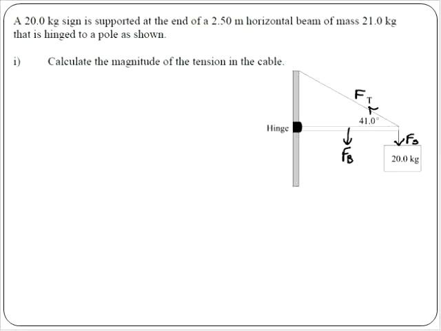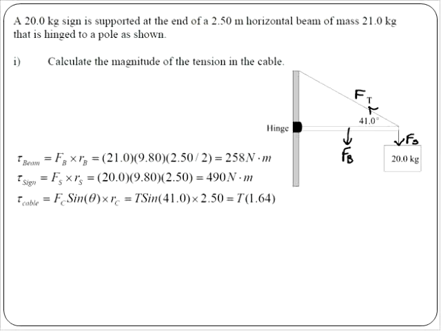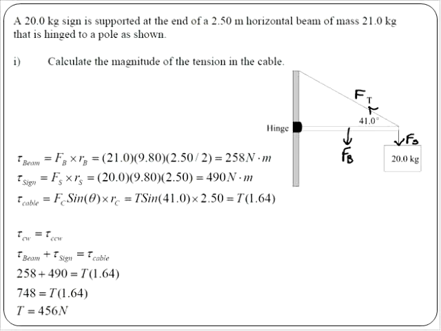Then you'd use the idea that clockwise equals counterclockwise, and they've done it a slightly different way there. Okay, they worked out all the torques first. The only one you couldn't actually completely work out was the cable. That's why the T is still in there. And then you use the idea that clockwise equals counterclockwise, so you put them all together, put your numbers in, and you end up with a tension of 456 newtons.